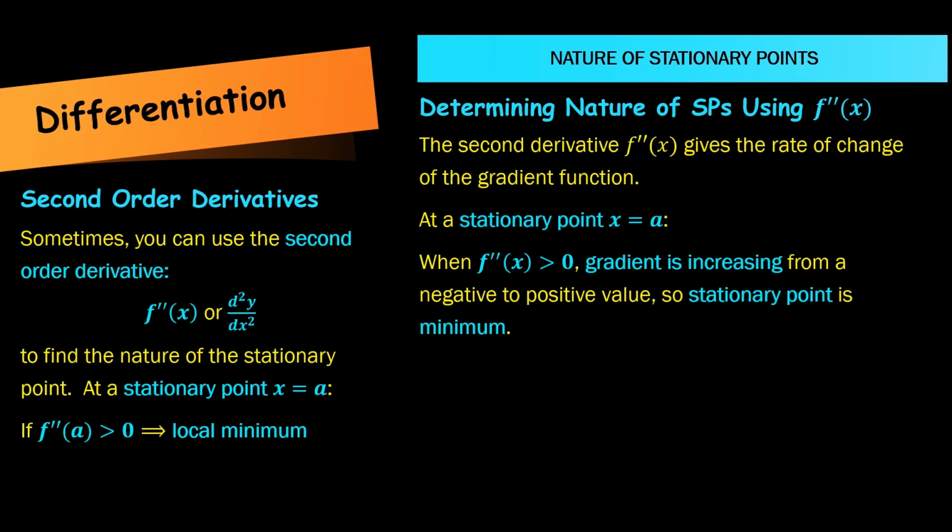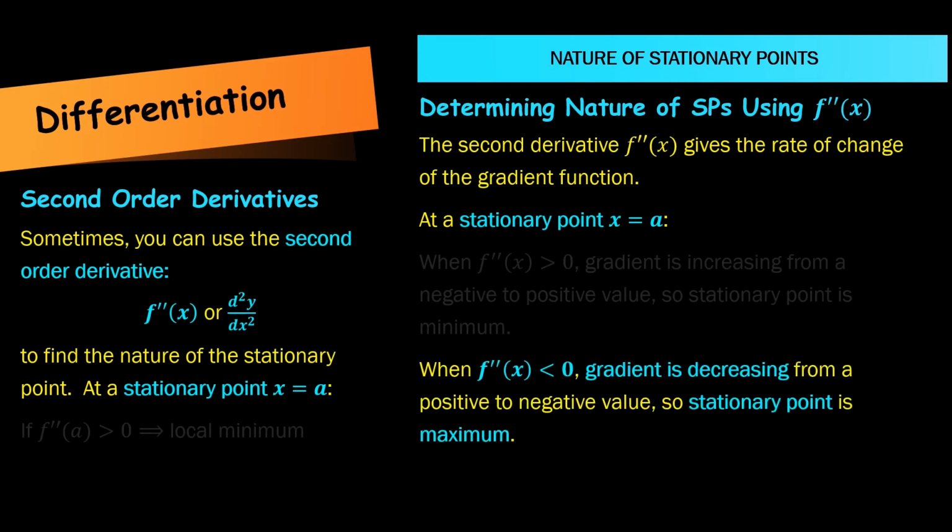So at a stationary point x equals a, if f double dash of a is greater than 0, we have a local minimum. Now when f double dash of x is less than 0, the gradient is decreasing from a positive to a negative value.